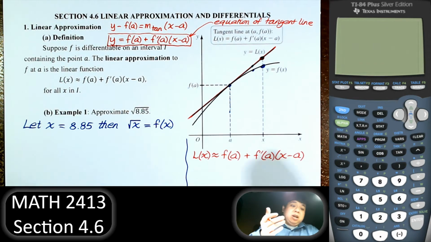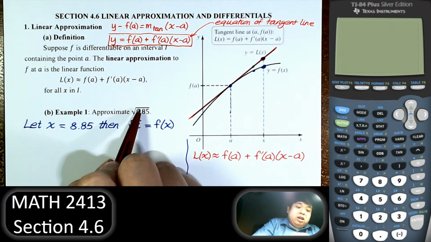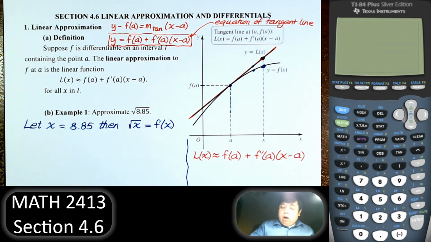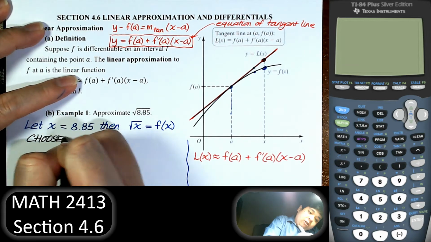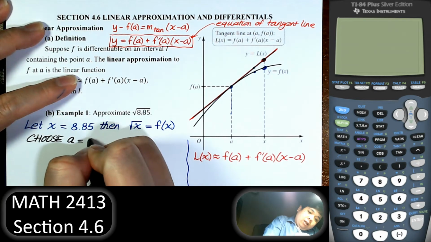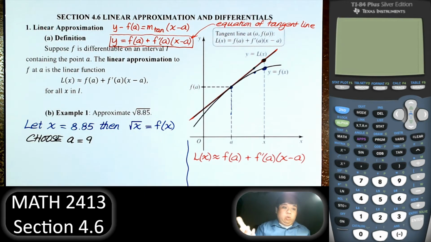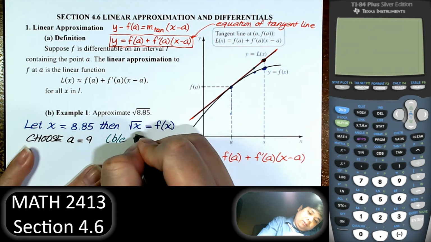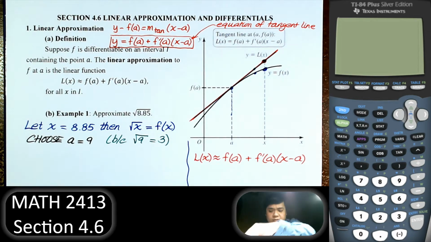So in the spirit of approximation, we would choose a to be close to this number, but it will be very easy to evaluate. So in this problem we will choose a to be 9, simply because square root of 9 is nice and even. We can do that without the calculator. You can just guess.